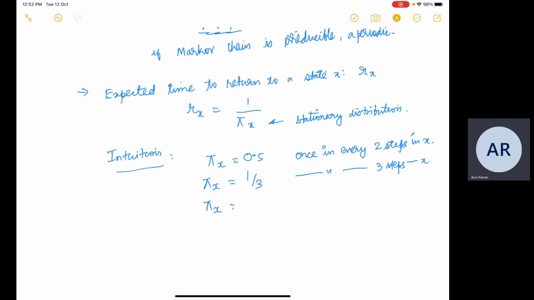Similarly, you can look at 1 by 5. Once in every 5 steps we have to be in X, so 1/5 of the time we spend on state X. That is the intuition behind this expression.